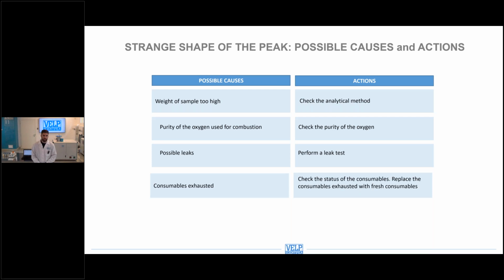Another cause could be that the consumables are exhausted. So we suggest to check the status of the consumables before starting the analysis. You can check the status of the consumable on the Duma software.